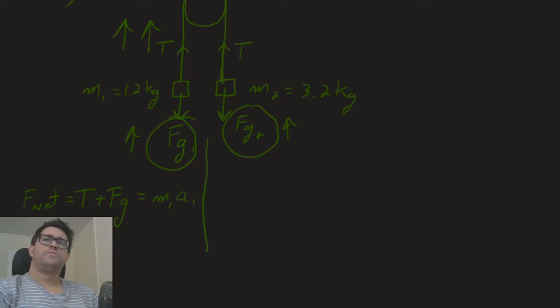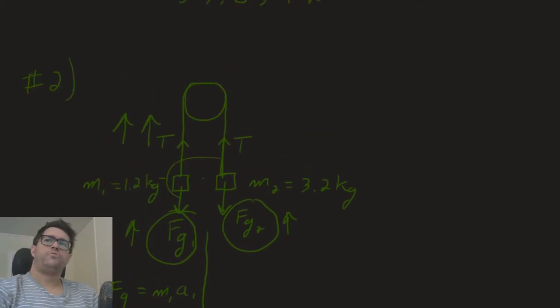But the truth is, the acceleration for both of these masses is going to be the same. If this one goes up by 5 meters per second, this one's going down by 5 meters per second. Or if this mass pulls down 2 meters per second, the other mass has no choice but to go up 2 meters per second, because there's no stretch in the string.